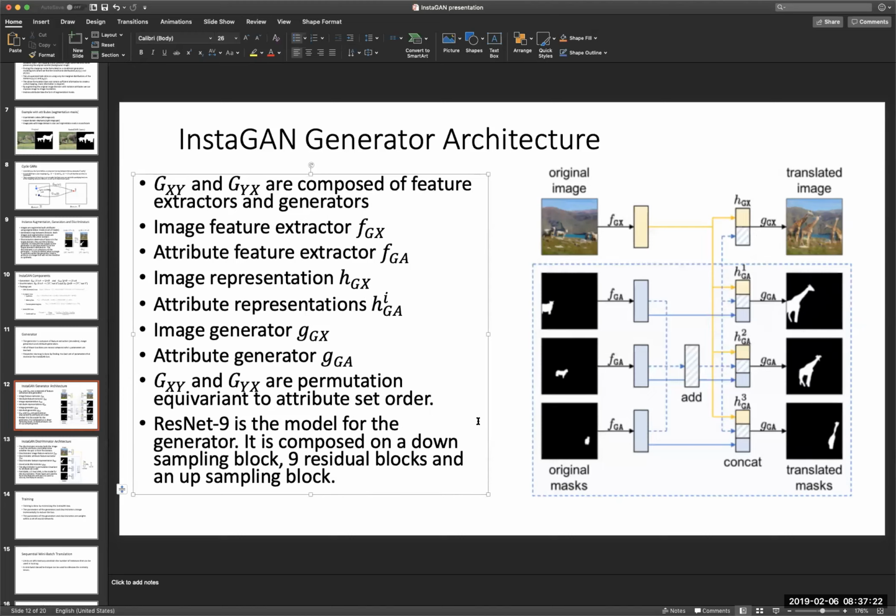So the other component of this system is the discriminator. So that has to be implemented as well in order for this system to work and to be trained.